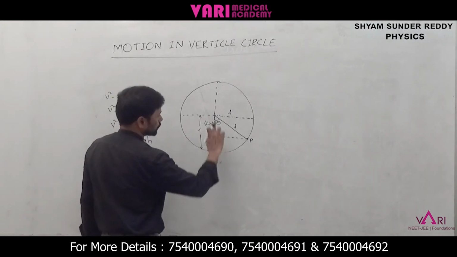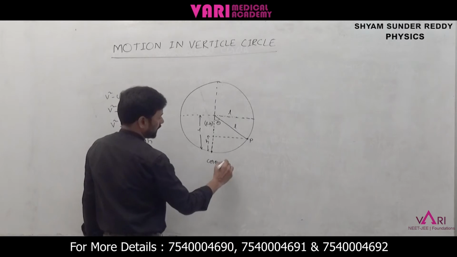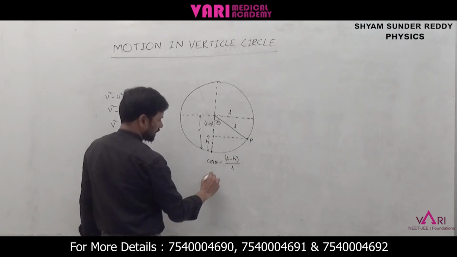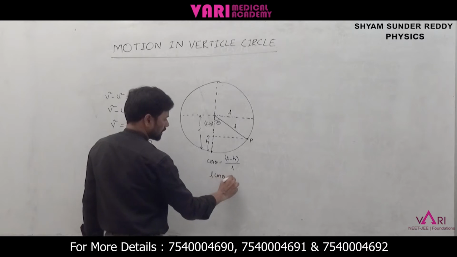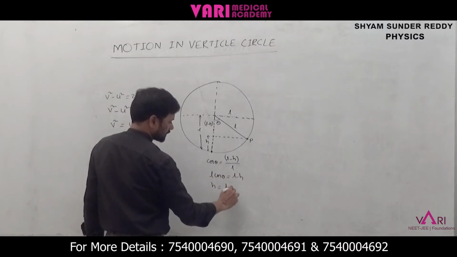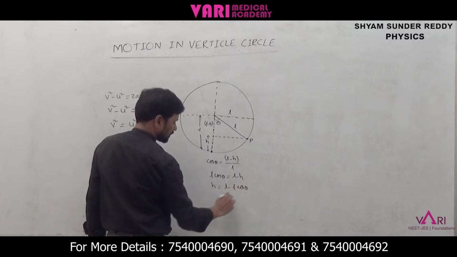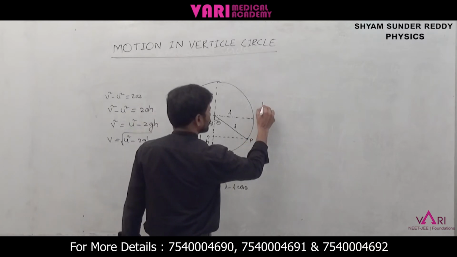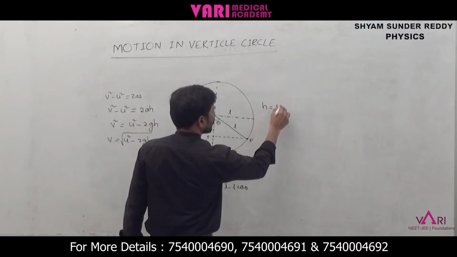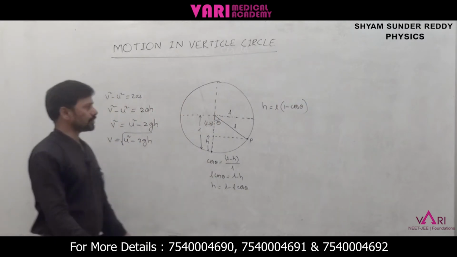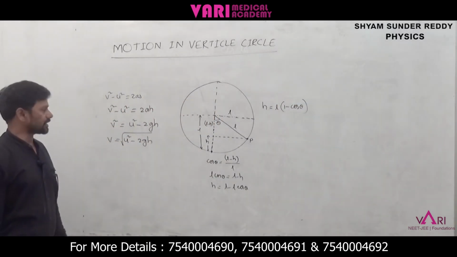Cos theta is equal to L minus h by L. So L cos theta is equal to L minus h. h is equal to L minus L cos theta. h is equal to L into 1 minus cos theta, right?